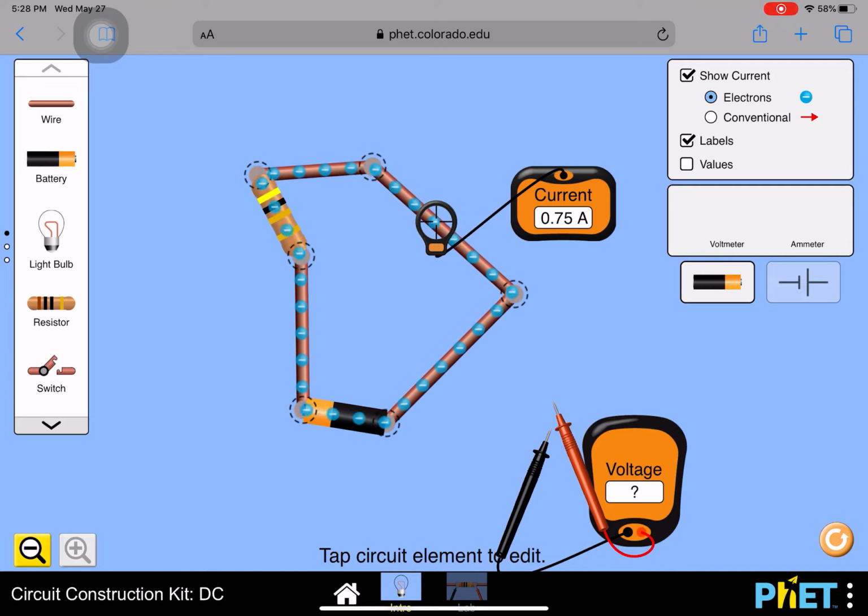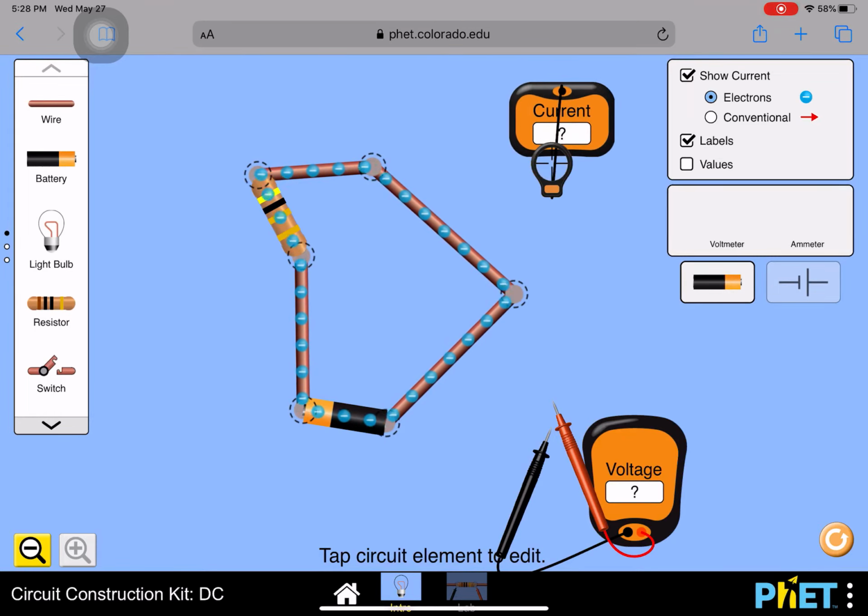All right. Now, I want to show you guys something. If you select this tab at the top right, it says conventional. Notice how the flow is now moving in the opposite direction. Well, back in the day when they were studying electricity and circuits, they did not know the charge of an electron. They actually thought the electron, or whatever was flowing through this system, was positive.